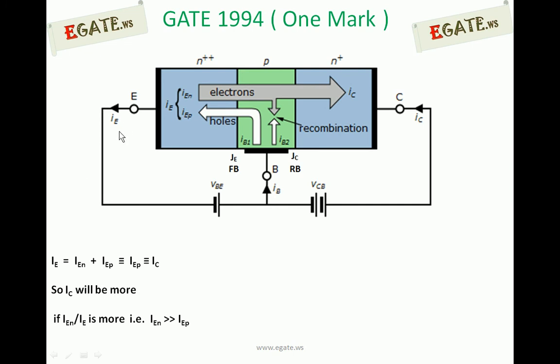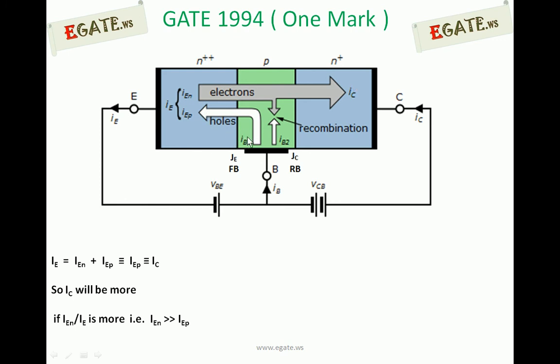Total emitter current consists of the electrons which are going from the emitter to the base, and the holes which are coming from the base to the emitter. So IE, the total emitter current, is the sum of IEN plus IEP, that is emitter current due to electrons plus emitter current due to holes. But the emitter current due to holes is in no way related to the collector current.